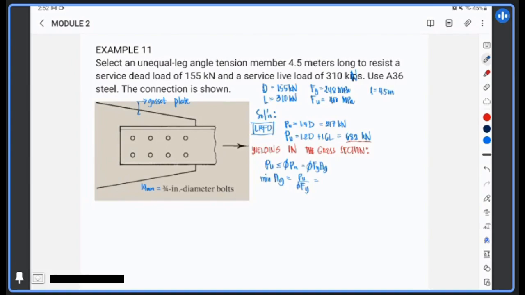Because Fy is in megapascal, that's Newton per millimeter squared, so 682 into 1,000 gives the Newton now.